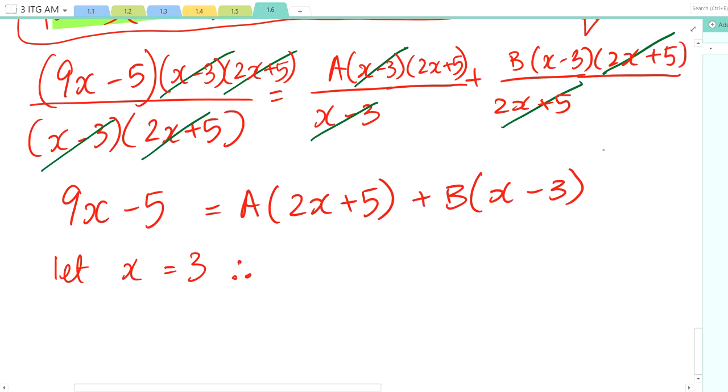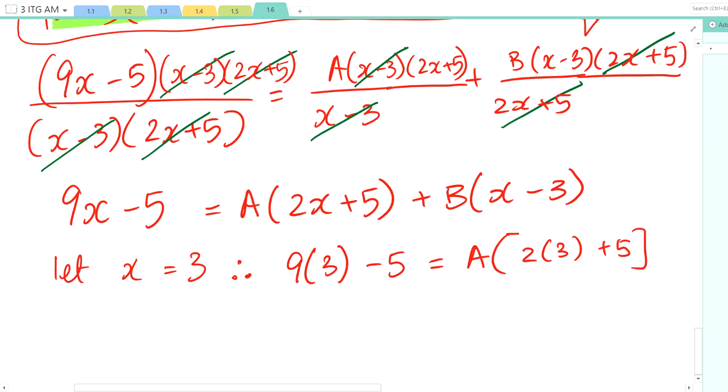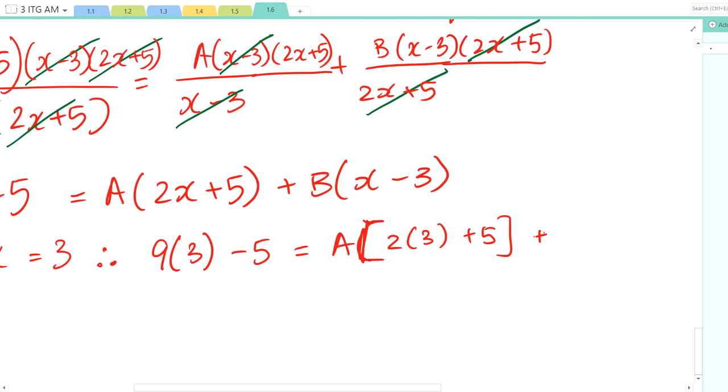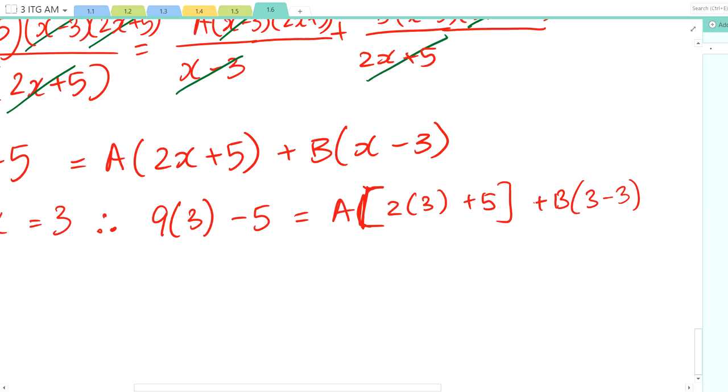So when I let x be equal to 3, I've got 9 times 3 minus 5 is supposed to be equals to A times 2 times 3 plus 5. And on the right hand side, we've got, if we want to continue, plus B times 3 minus 3. But we don't have to write that down because we intended for it to be 0 anyway. So we've got 27 minus 5, that's 22, equals to A times 11. A must therefore be equals to 2.